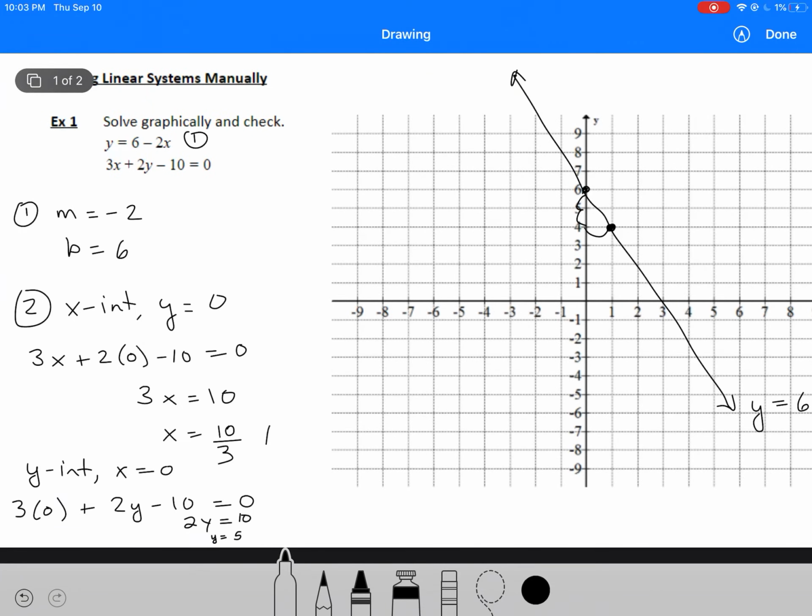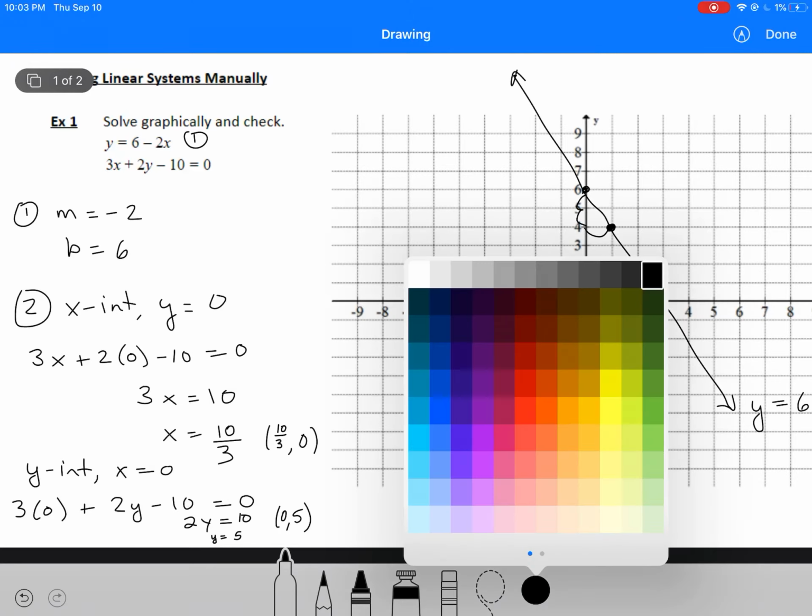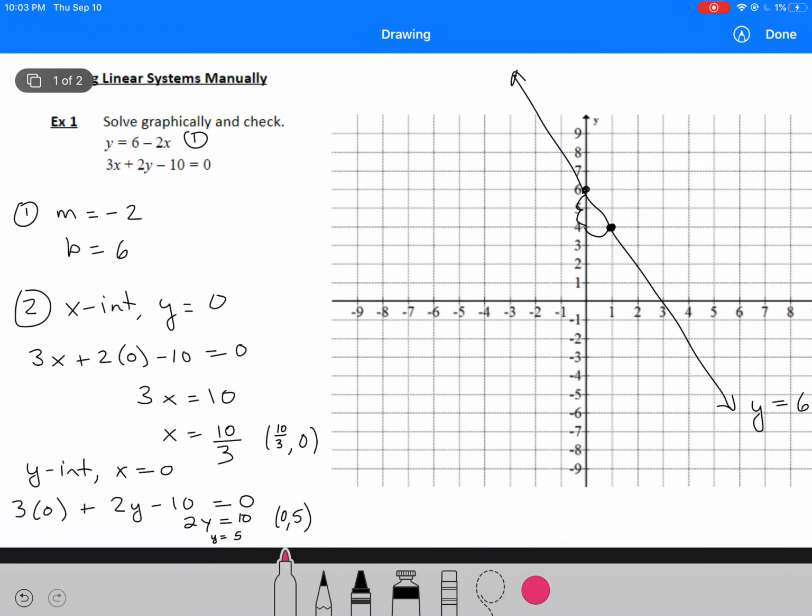So let's plot those 2 points. I've got 10 over 3 and 0, and then I've got 0 and 5. So I'll do my y-intercept first, because that was a little bit easier to plot. And then I'm going to do my x-intercept. 10/3 is like 3 and 1/3, so that is probably right about there.